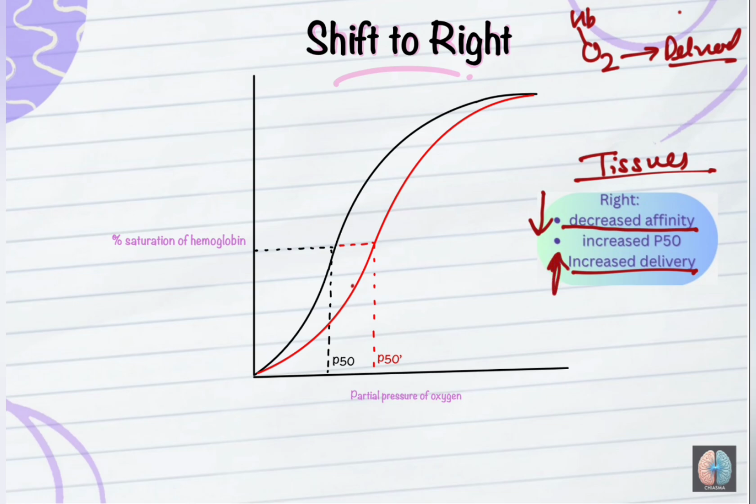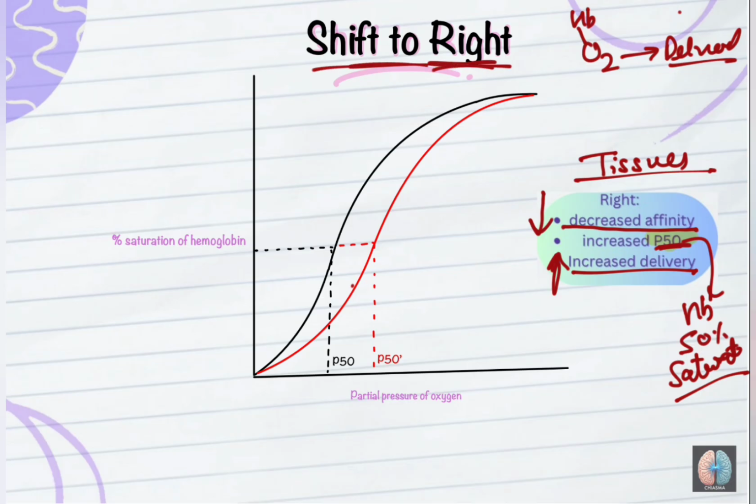Okay, so what will happen to the P50 value? We know that P50 value was how much pressure of oxygen is required for the hemoglobin to be 50% saturated. Here, saturating hemoglobin is very difficult at the level of tissues. We are talking about right shift here, at the level of tissues, because oxygen is dissociating from hemoglobin.